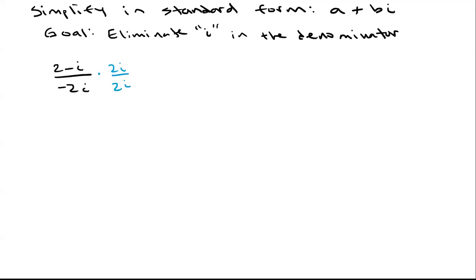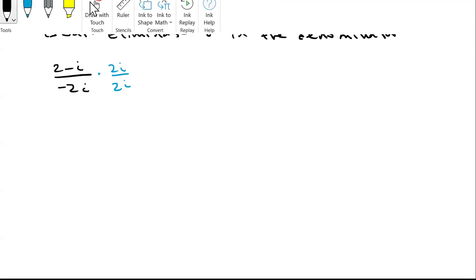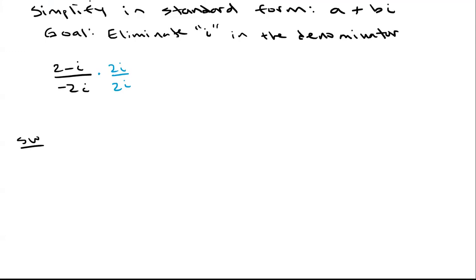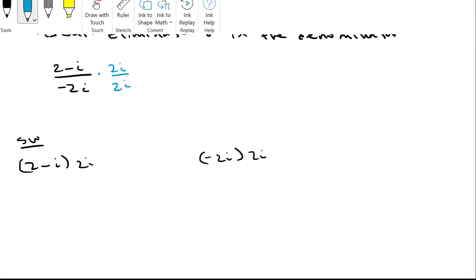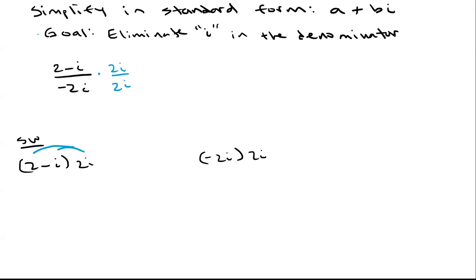And then I'm going to do my scratch work here on the bottom. So I have 2 minus i times 2i, and then I have -2i times 2i. So I'm going to distribute that 2i to each term.